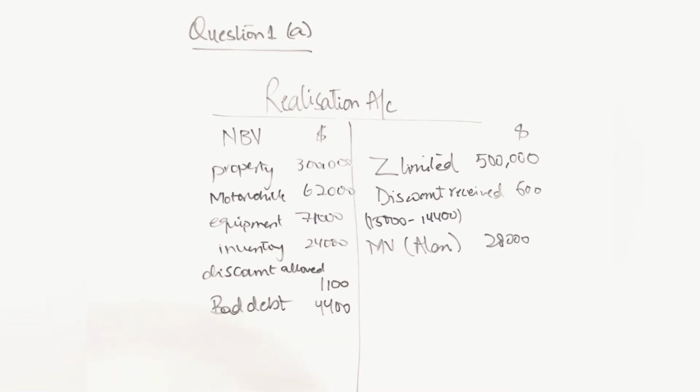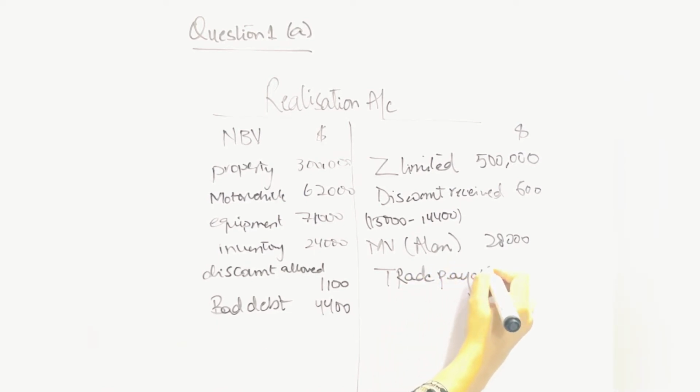The next thing that's very important is that I told you earlier as well, that the remaining trade payables would be taken over by Z Limited at their book value. So if you look into the information, trade payables were originally 33,000, of which 15,000 have been paid, for which you got 600 discount.